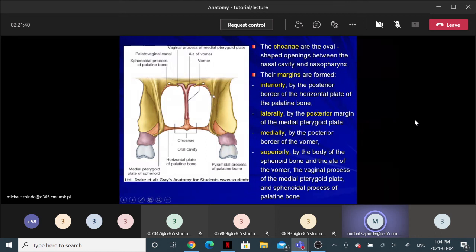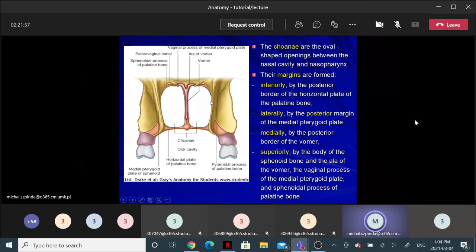and on the lateral border of either choana, we have the posterior free border of the medial pterygoid process, and here the sphenoidal process of palatine bone.